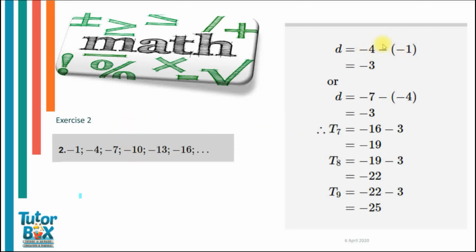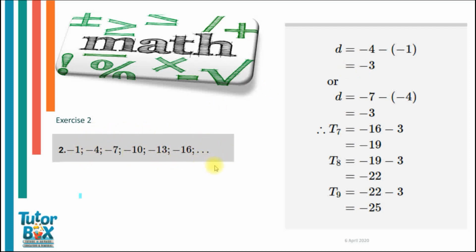This is why it became -4 plus 1, and that's how we got the -3, in case you're wondering. Here we have -7 minus -4. These two multiply, so this becomes a plus, so this becomes -7 plus 4. That's how we got the -3. So the common difference is actually -3 for everything there.